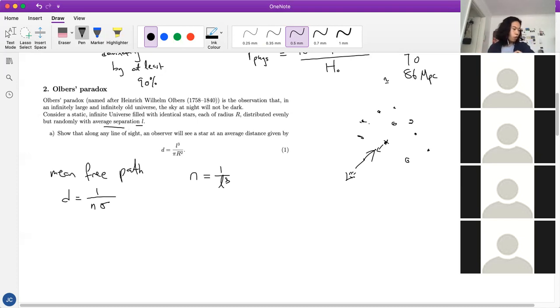And the stars are just solid round objects, assuming they're spherical with radius capital R, so the cross-section will be a hard sphere cross-section, which is just pi R squared. Now putting this in, we get 1 over n, so L cubed, over pi R squared. And that's exactly what we need. QED. I'm not sure if it counts as a proof.